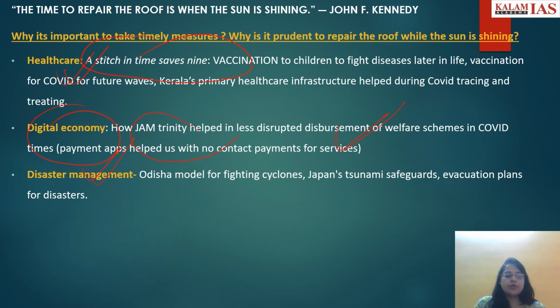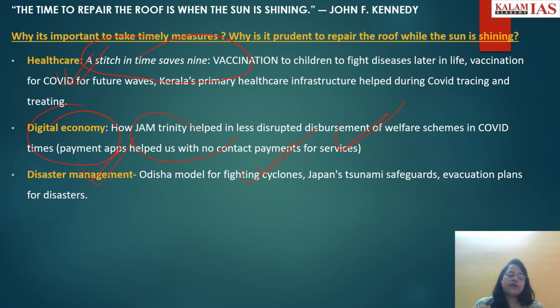So you can talk of the Odisha model of fighting cyclones, how it learned the lesson in 1999, and henceforth we are seeing how it is the role model for other states and other nations as well in fighting cyclones. We can talk of Japan's tsunami safeguards. We can talk of evacuation plans for disasters.